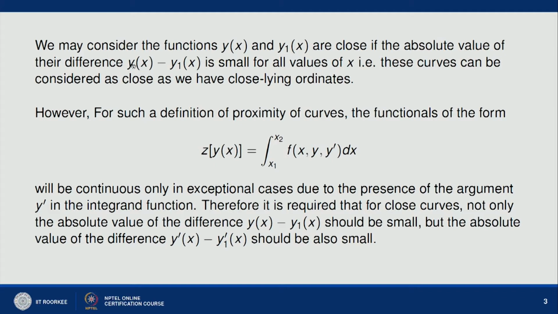But if we take this definition of closeness, then look at this functional: z(y(x)) is equal to the integral from x1 to x2 of f(x, y, y dash) dx. It may happen that functions which are close enough in this sense have derivatives that are quite far apart, as we can see in this particular graph.